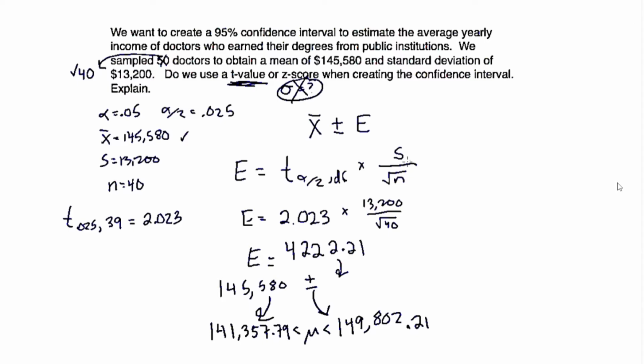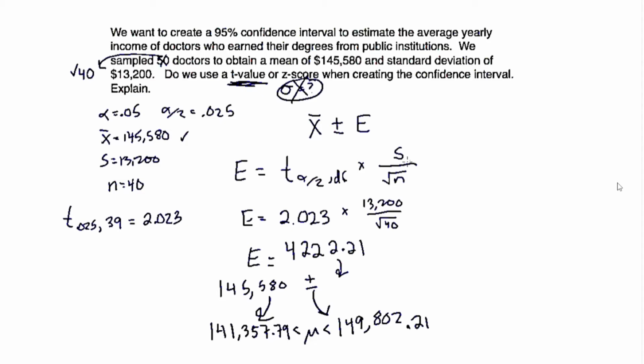Quickly, I just want to summarize. The only difference between this and how we calculated confidence intervals earlier in this module is that we don't know the population standard deviation. In that case, we have to use the t distribution, which requires us to look at alpha over 2 just like before, and also look at the degrees of freedom using our t chart.